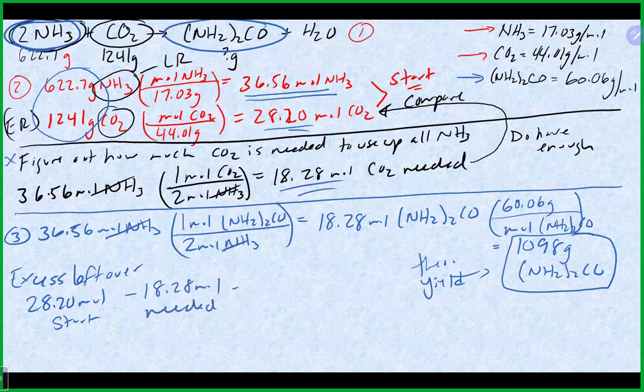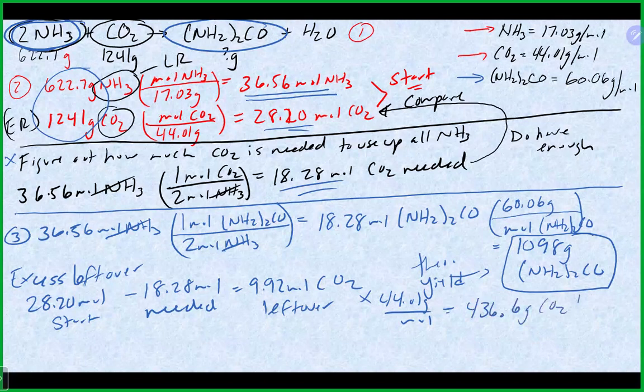That would tell us that we would have about 9.92 moles of our CO2 left over. You could multiply that by 44.01 grams per mole to figure out how many grams that would represent, and it would be about 436.6 grams of CO2 left over.